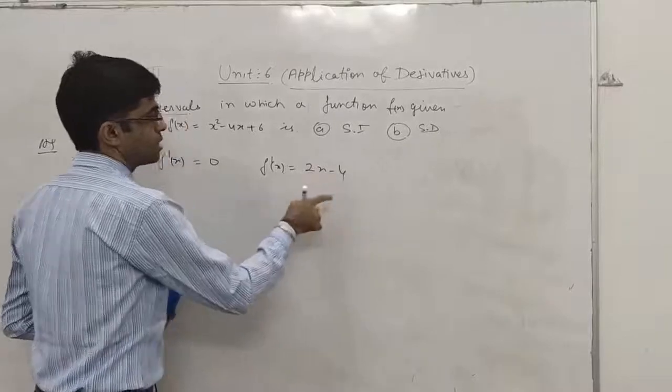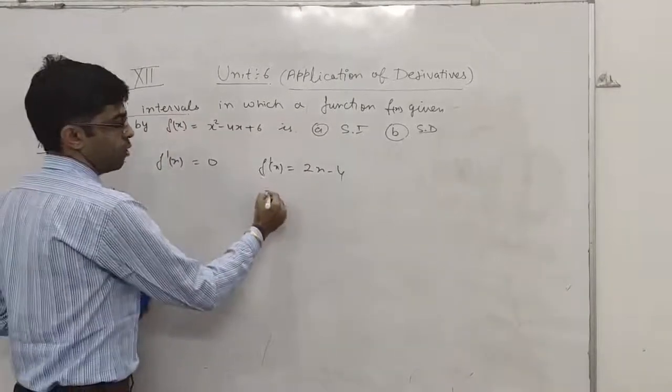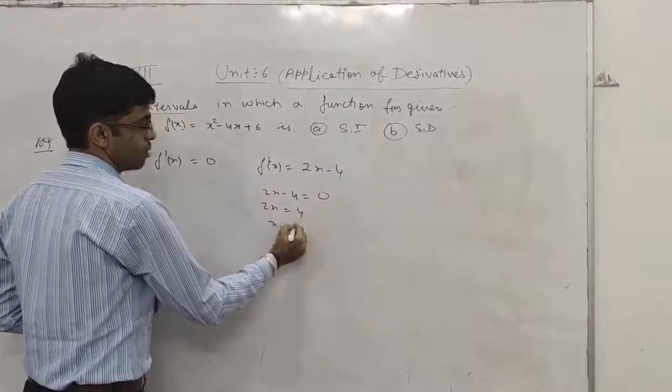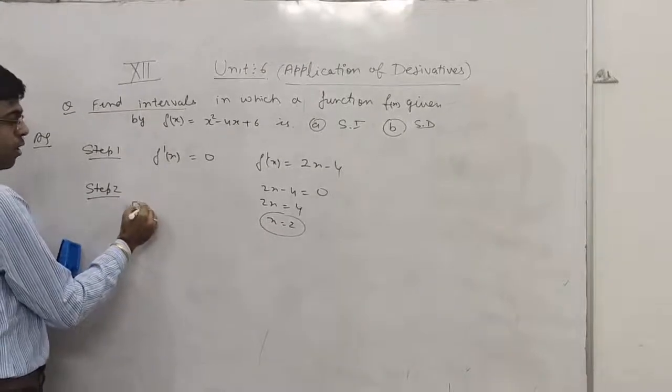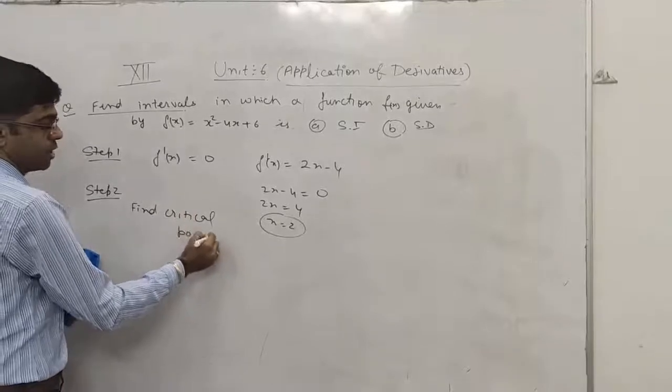Now after equating this equals to 0, 2x equals 4 and x equals 2. Find the critical points.